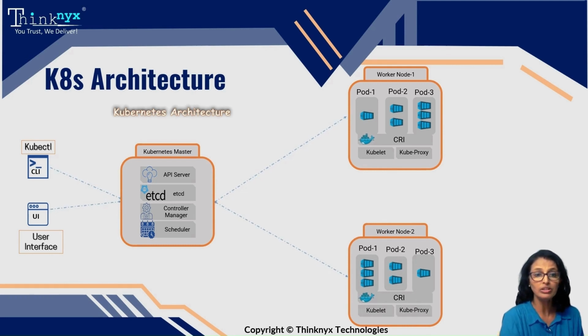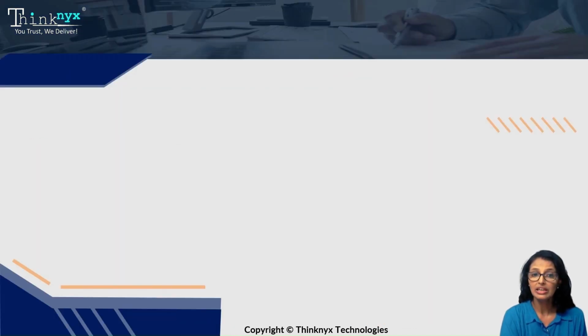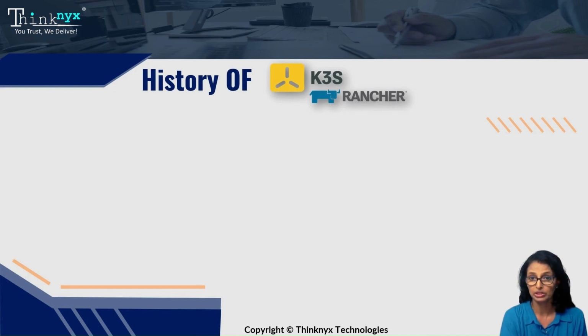Now, moving on to the history of K3s. K3s is a lighter version of the Kubernetes distribution developed by Darren Shepherd at Rancher Labs. During some experiments and testing, he found it takes a significant amount of time to set up a Kubernetes cluster.